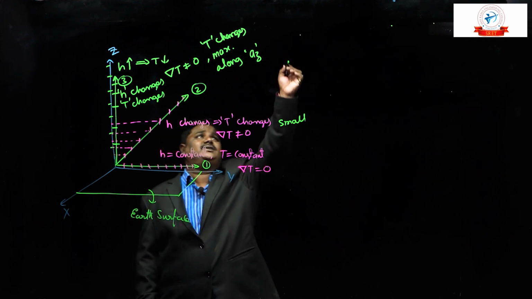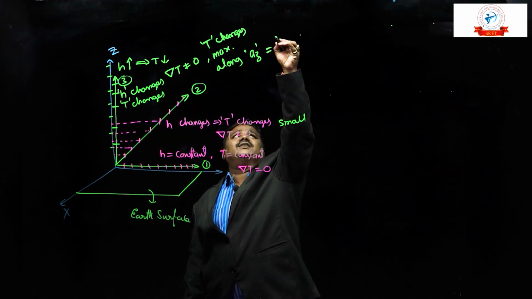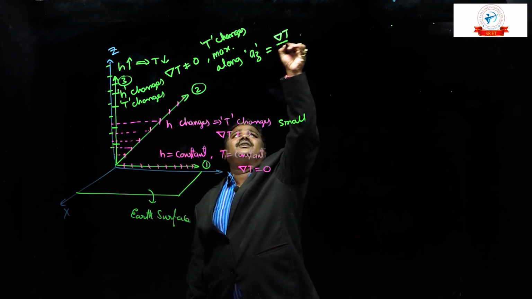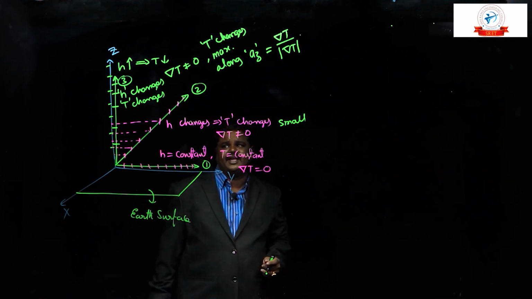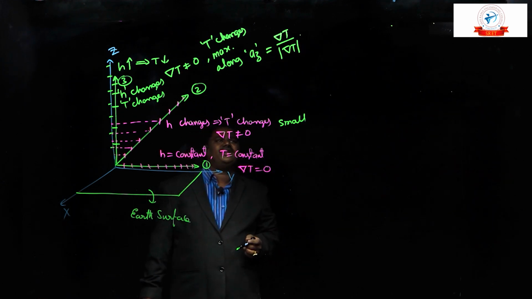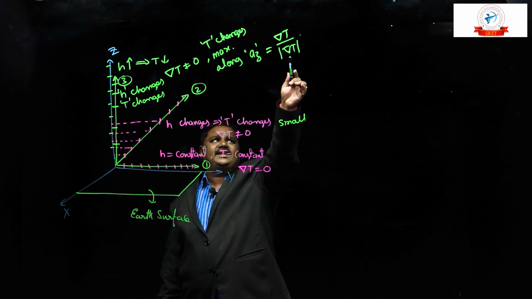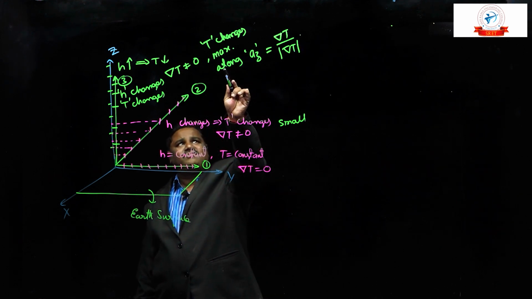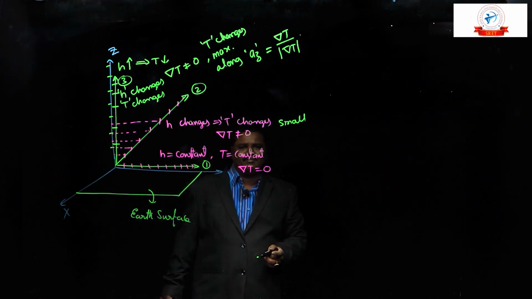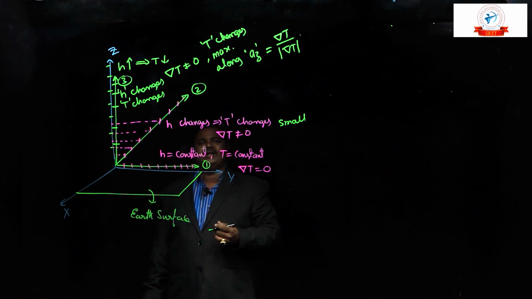We have already proved that the z direction is nothing but the gradient direction, az cap. So the gradient direction always gives us the maximum rate of change direction in temperature T.